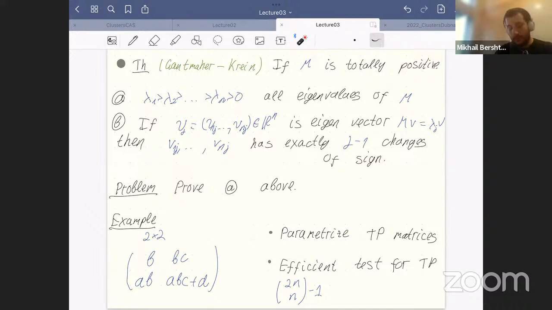All right, 5. And what do you get by 2 choose n minus 1? Probably 6. Okay, 2 choose n is 6 and minus 1 is 5. And the difference is the empty minor. There are no rows, no columns. Okay.